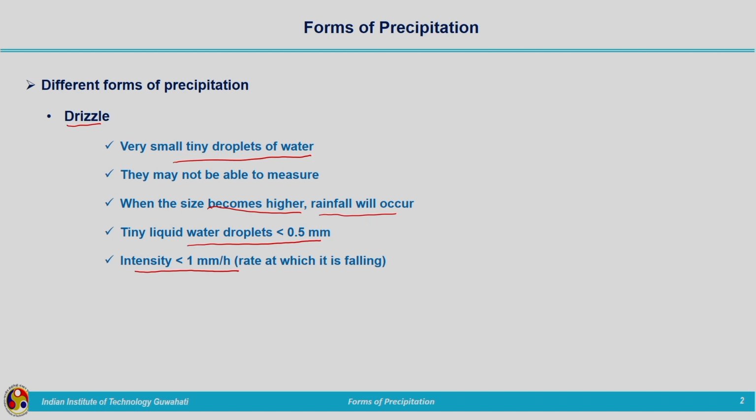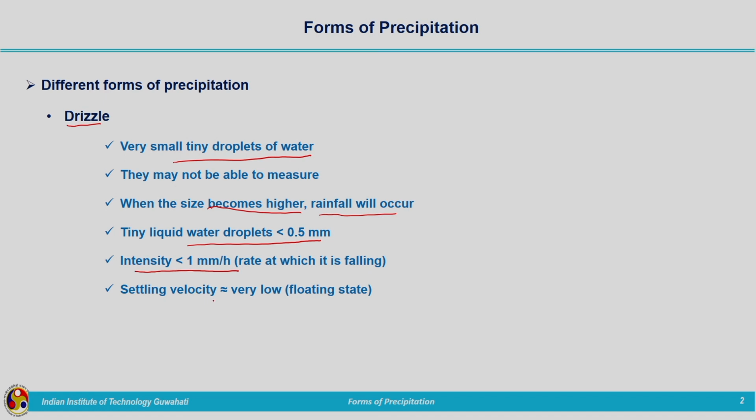The settling velocity is nothing but the fall velocity, the terminal velocity which we have seen in the previous lecture. The settling velocity is also very low, that is why it will be in a floating state in the air. So that is about drizzle. Just understand that it's very small, tiny droplets of water.